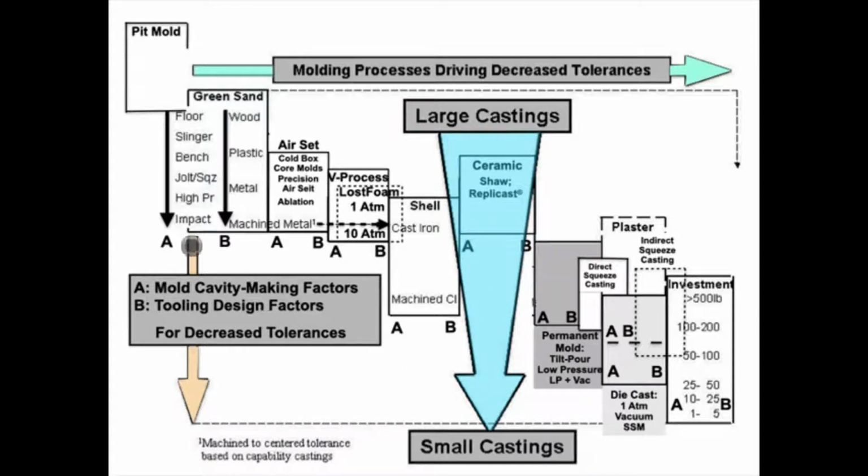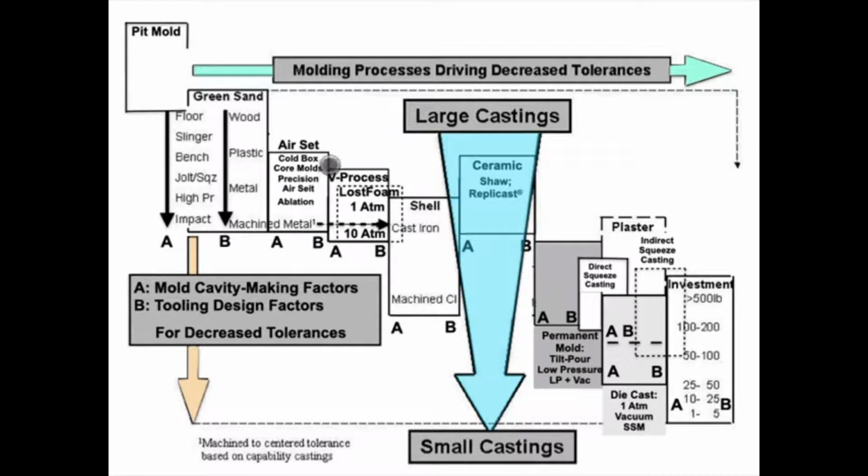The orange arrow pointing down indicates tolerance capability within these boxes that define each of the mold cavity making processes. So this would be green sand, and there are factors here that the orange arrow indicates, as well as this box here that we'll talk about in the next slide.